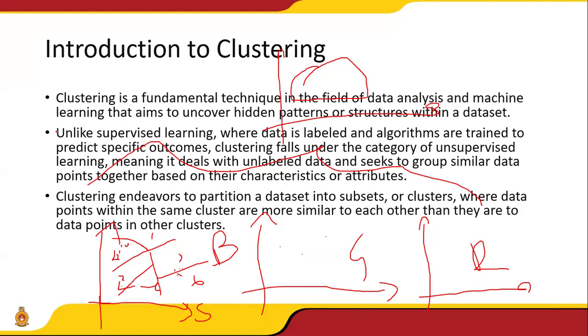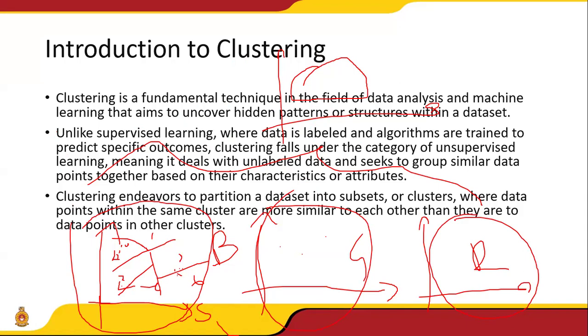Here we have clustered based on the skin color. This is clustered based on hair color. This is clustered based on the eye shape. Right? So we clustered into different places, different things in different ways.